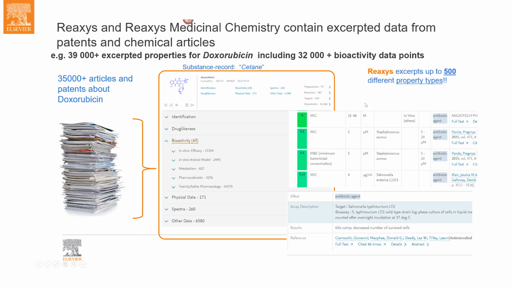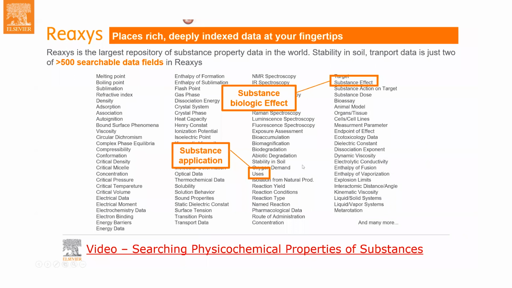And Reaxys has more than 500 different properties. So in addition to bioactivity and application, it contains a lot of physicochemical data. It contains solubility, it contains liquid-liquid behavior, it contains spectral analysis, etc., which can be used not only to synthesize the molecule, not only to predict its pharmacokinetics, but it will also help you to make the formulation and to fill your master file.